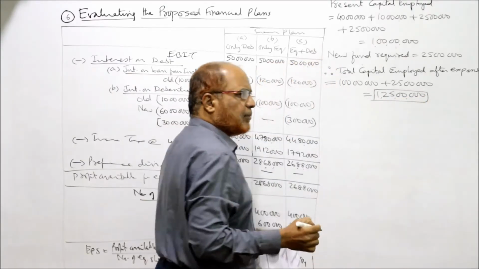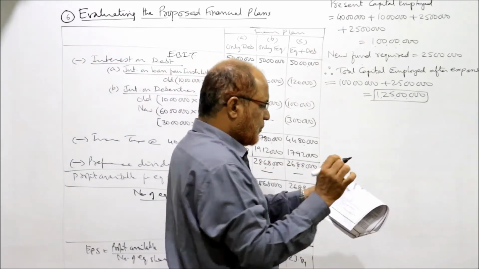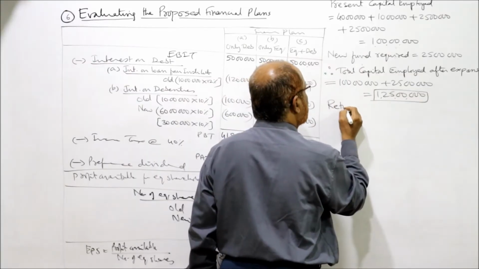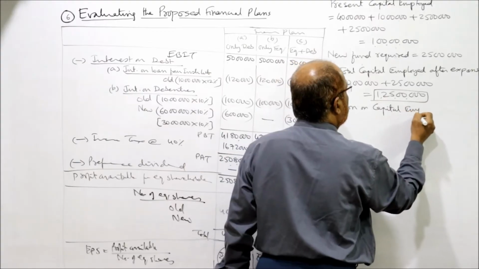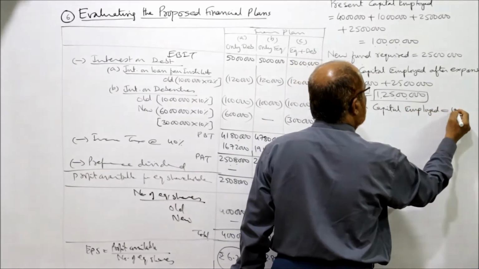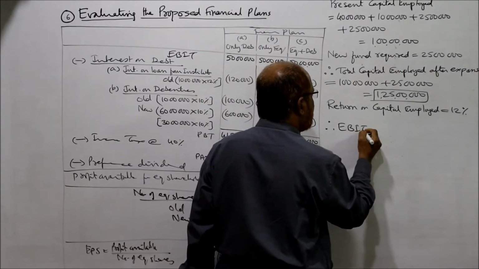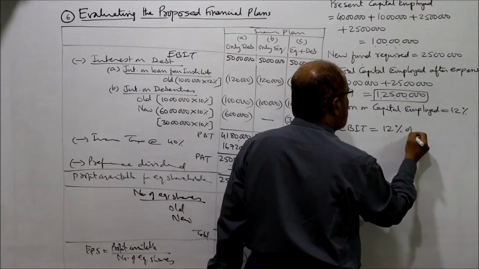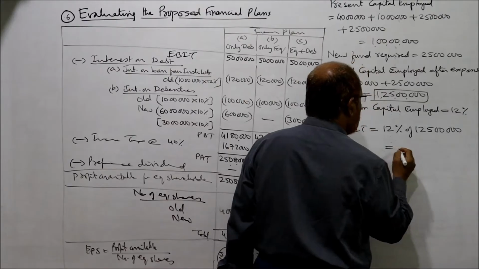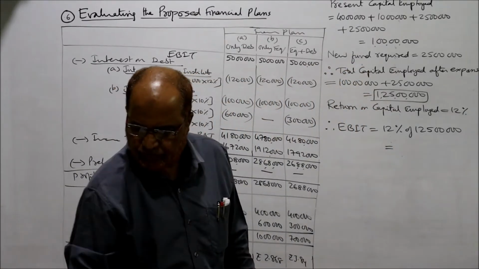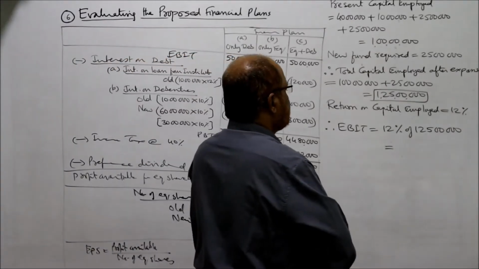This is the total capital employed after expansion. Now return on capital employed is 12%. Therefore, EBIT is equal to 12% of 1 crore 25 lakhs. That comes to 15 lakhs.